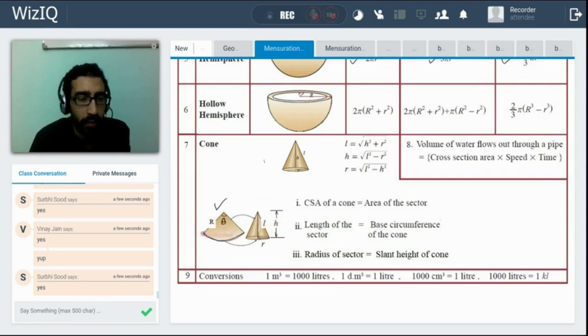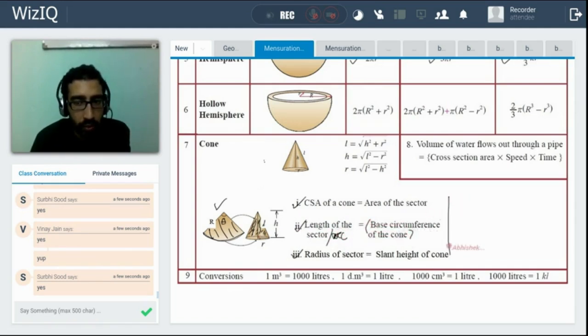The total area of the sector, the shaded portion, becomes the curved surface area of the cone. So the curved surface area of the cone is equal to the area of the sector. The radius of the sector is equal to the slant height of the cone. And the length of the arc of the sector becomes the base circumference of the cone.